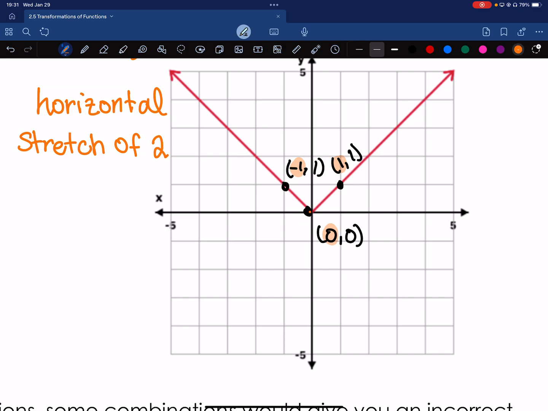It's all the same. We love 0, 0 because it stays true to itself. If I multiply negative 1 by 2, or if I divide it by 1/2, I get a negative 2. If I take positive 1 and multiply it by 2 or divide it by 1/2, I get a positive 2. And so it just looks like the graph has been stretched out a little bit more. Okay, it's been pulled apart horizontally.